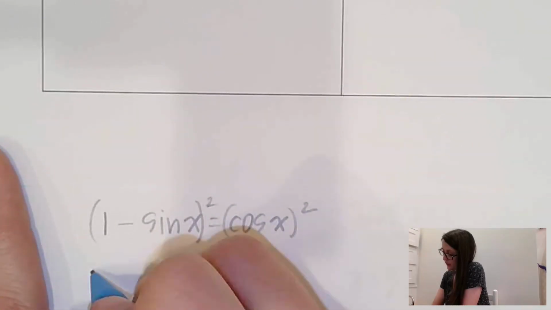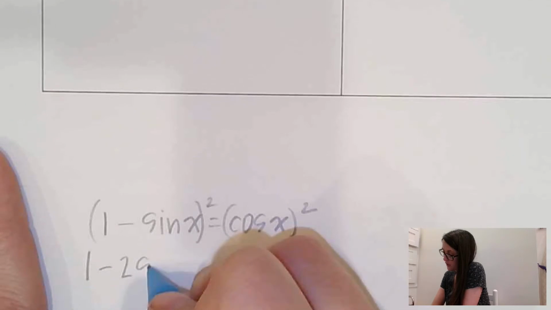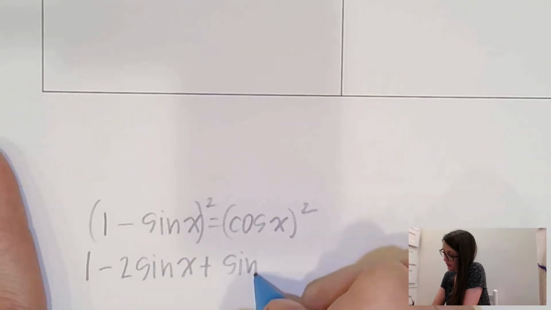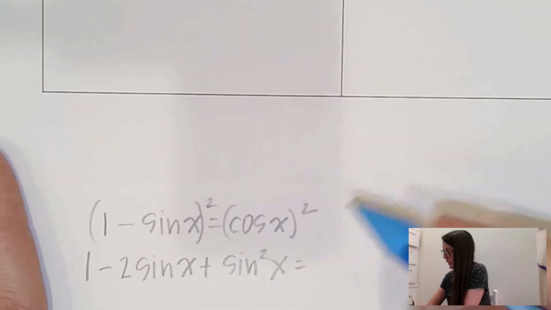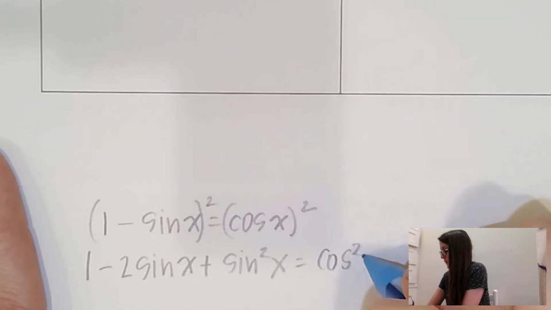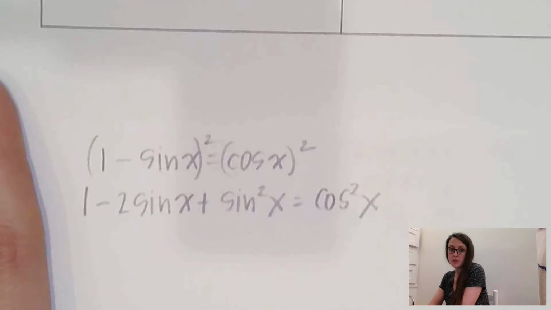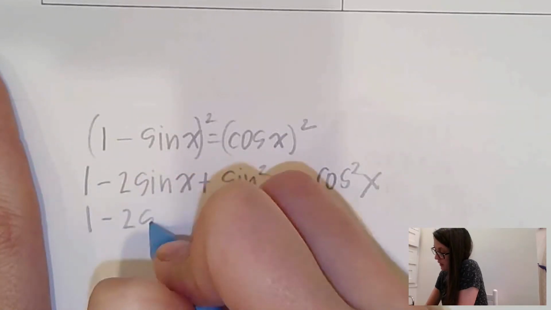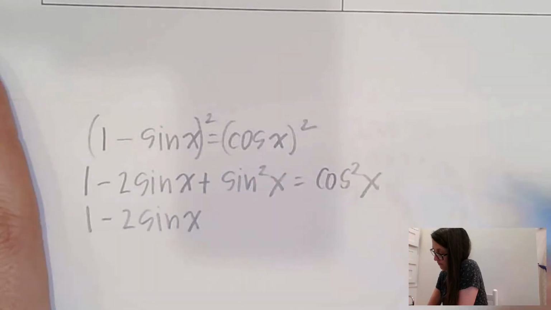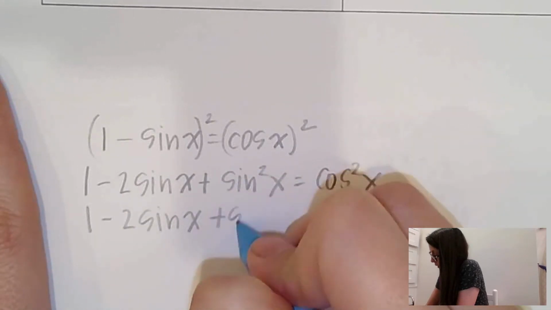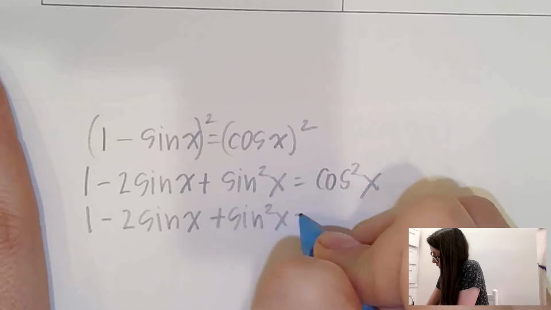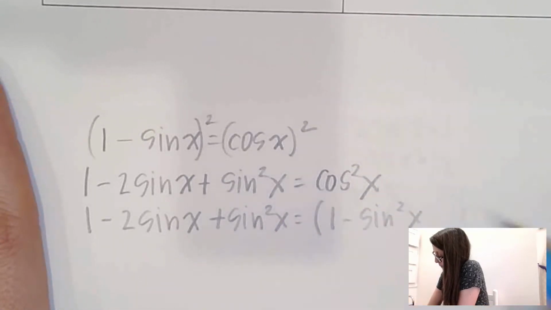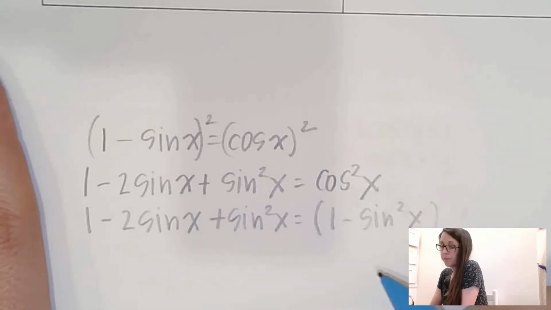So here when I square, I'll have 1 minus 2 sine of x plus sine squared x. And now I can use some identities that I know. This is going to be cosine squared x. Well, cosine squared x is the same thing as 1 minus sine squared x, right?